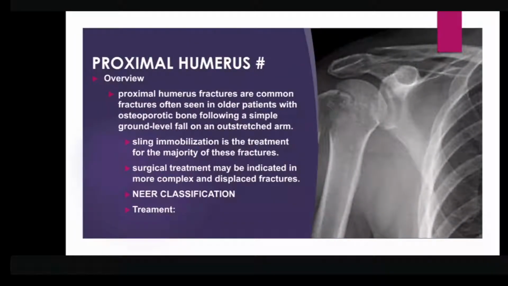Conservative, plaster immobilization should incorporate 2 joints. Can you please name, in this fracture, what 2 joints to be immobilized? Or rather, what is the proximal joint to this fracture? What is the distal joint to this fracture for proximal humerus?